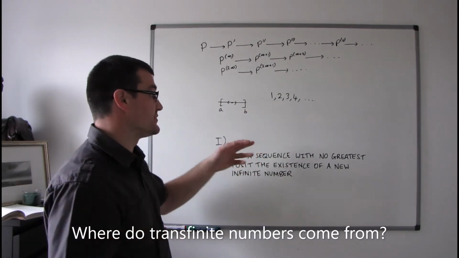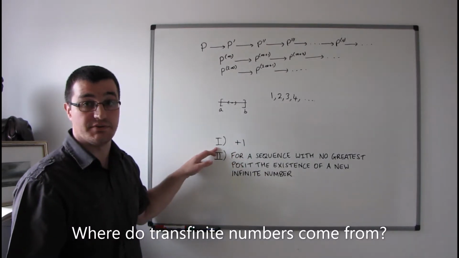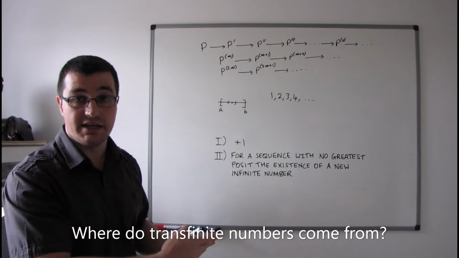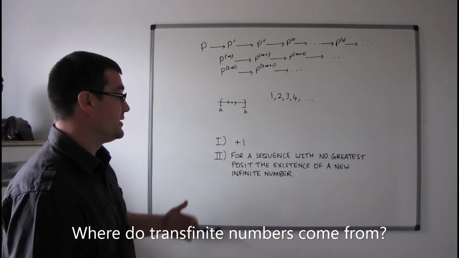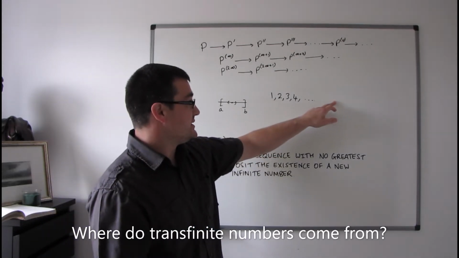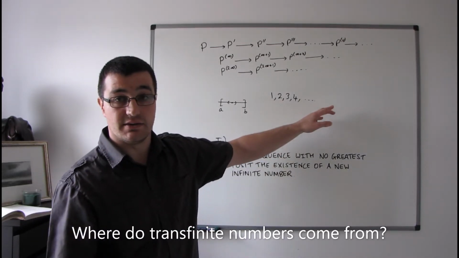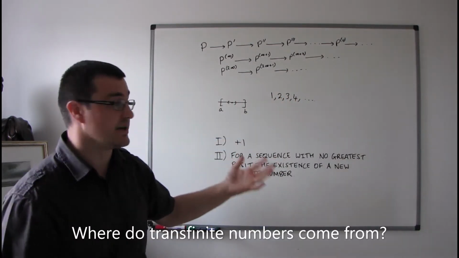This is no surprise whatsoever. This is what's called Cantor's first principle of generation. Given any number, we can get the next number along by just adding 1 to it. But we can't postulate that there is a greatest number here without a logical contradiction coming about.